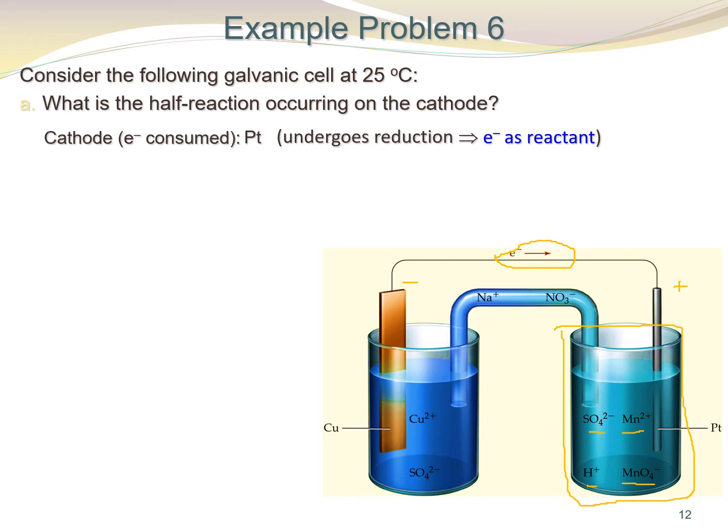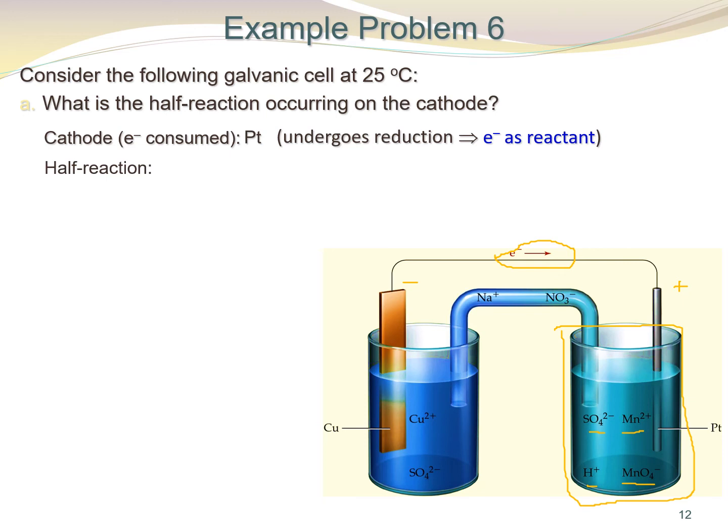Since this is a reduction half reaction, I need to remind you, electron must be the reactant. That becomes a golden rule for us to tell what we are going to do to make this half reaction work in this cathode chamber. It is okay for us to balance the half reaction without knowing which one is the oxidizing agent and which one is the reducing agent.